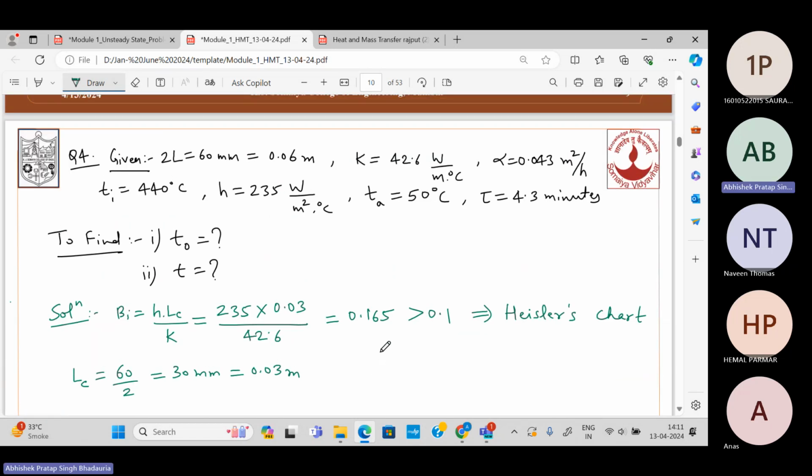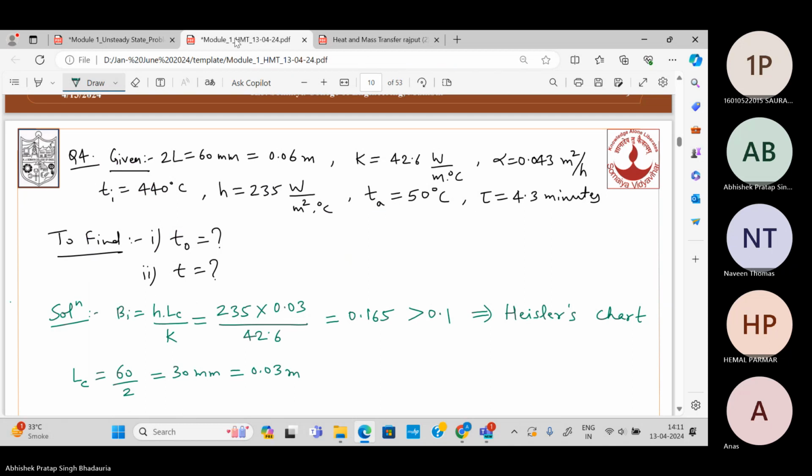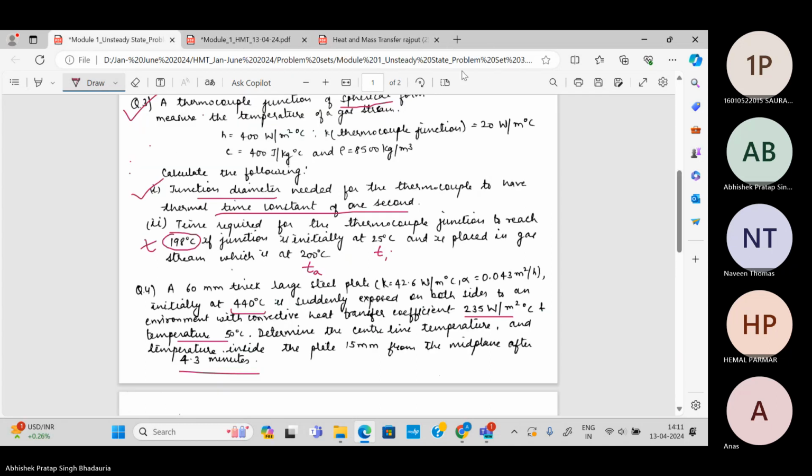Now let's apply it. We know how to use the Heisler chart, I've already explained this in the class. Okay, I will show the Heisler chart.